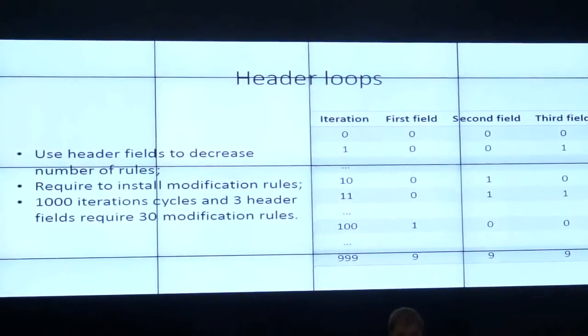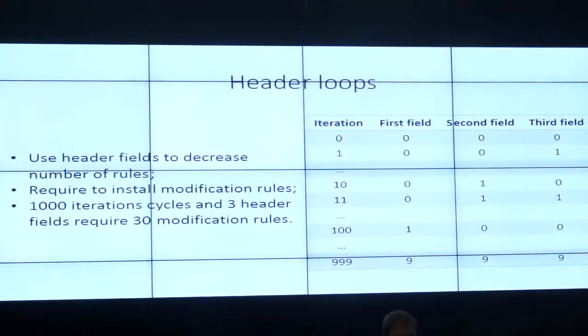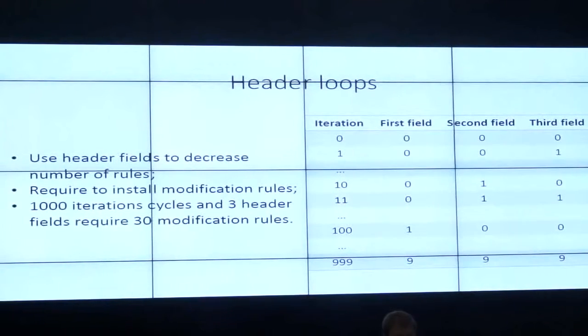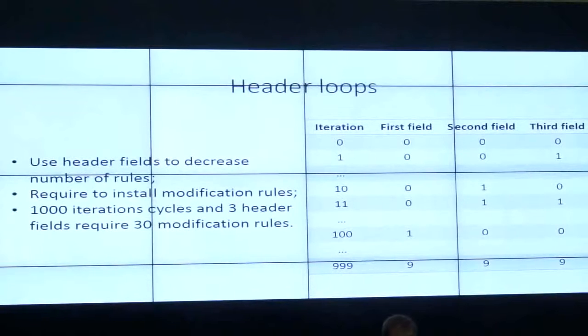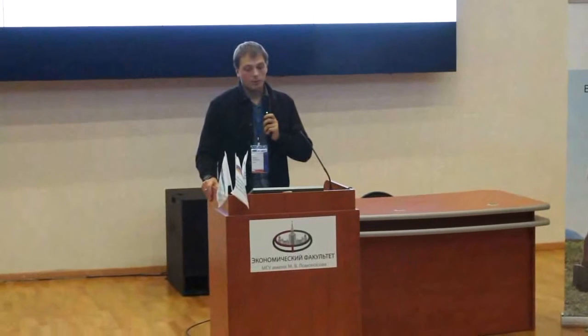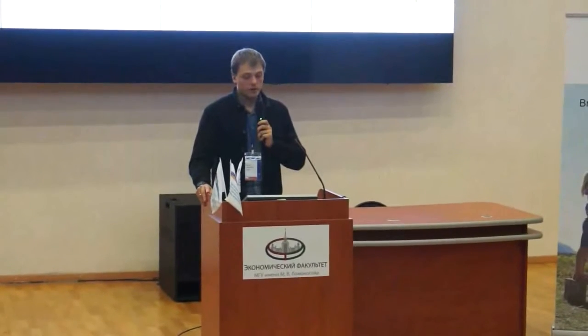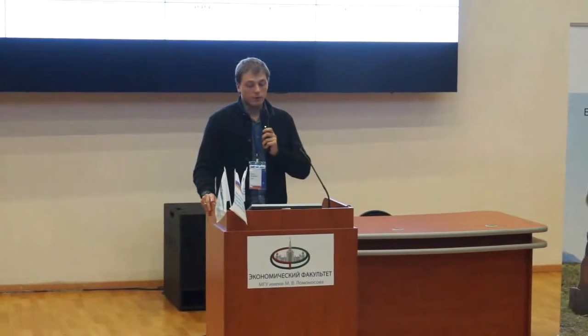The provided method has two problems. The first problem is that we need to install a huge number of rules to create loops with a big number of iterations. We propose to use the service packet's header fields to decrease this number of rules, using each field as a counter. For example, if we use three fields, on the first switch we increase the counter for the third field.